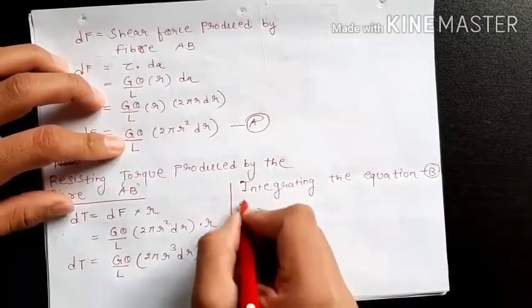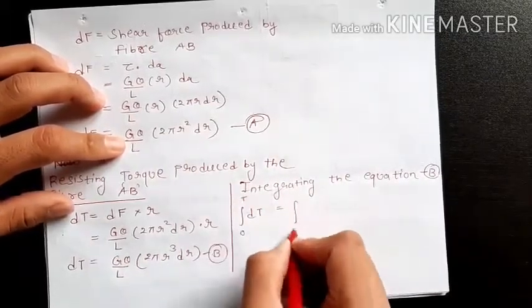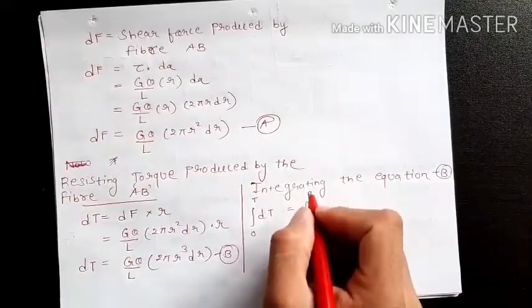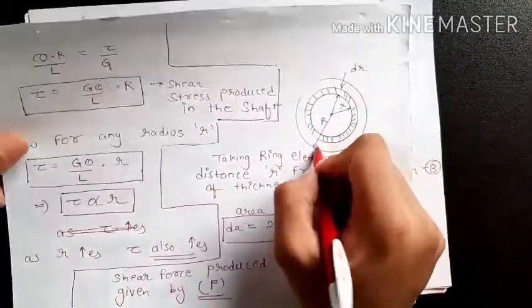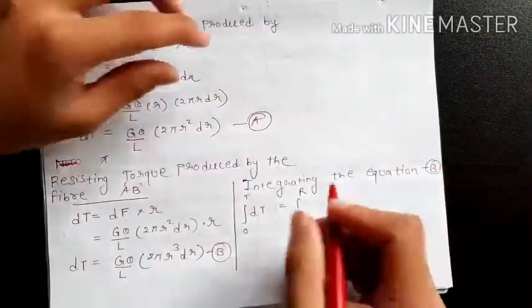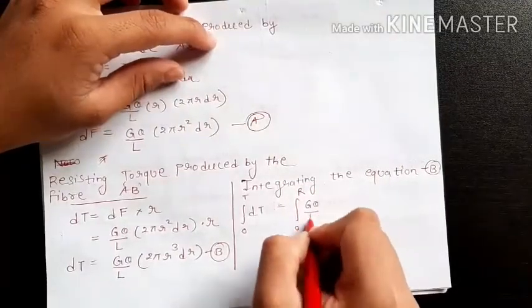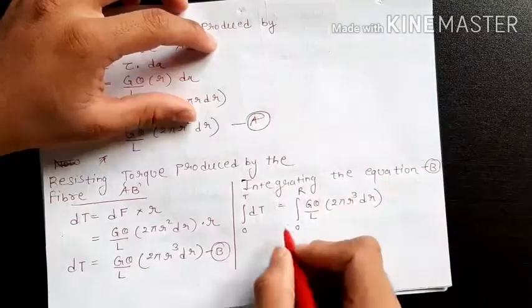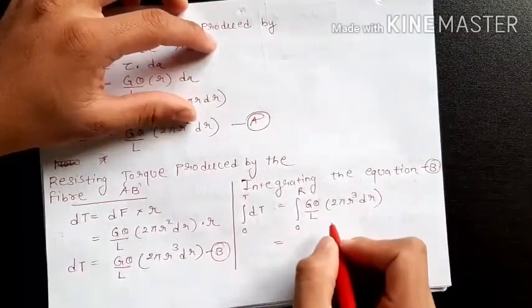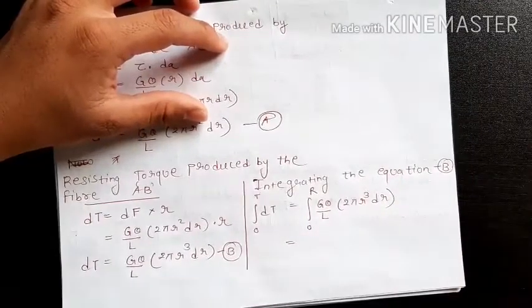integration dT from 0 to T, which is equal to integration from 0 to R. Why 0 to R? We have to integrate from 0 to the radius of the shaft, that is R. 0 to R of G theta by L into 2 pi r cube dr. And we know that G theta by L will be constant and 2 pi is also constant.